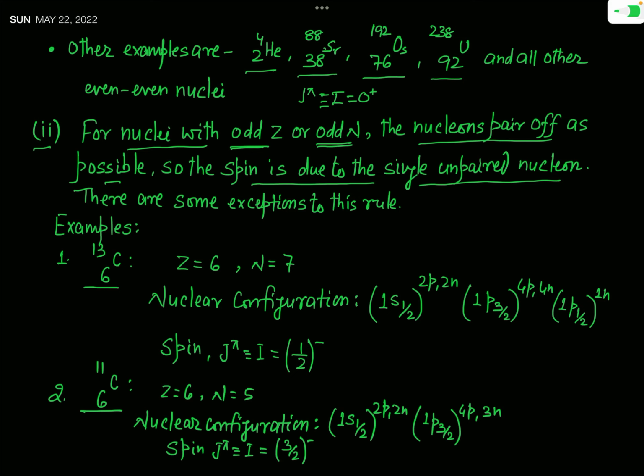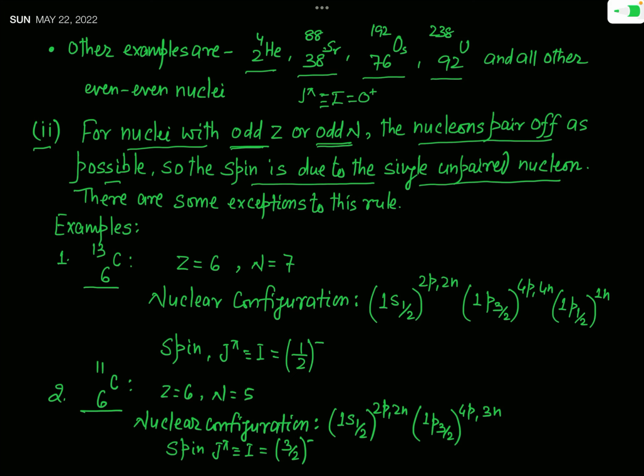The nucleons which get paired, their total angular momentum will be 0, but the nucleon which remains unpaired will determine the parity and the spin. So you can illustrate it by some example, and after these examples the rule will be clear to you. You can see it here.